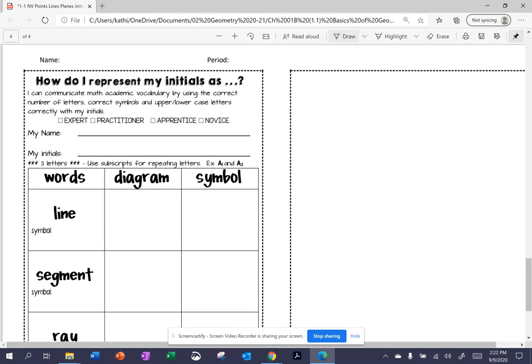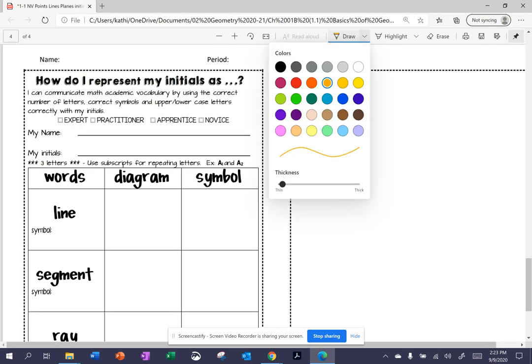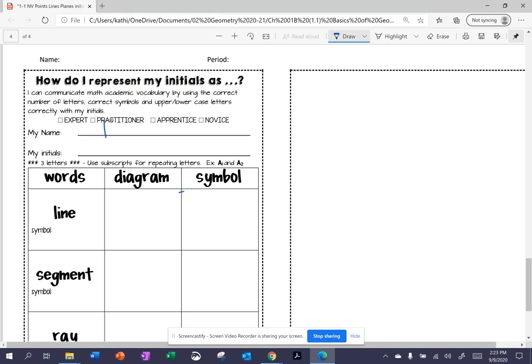My first name and my last name are Kathy Stout. So my initials are KS.